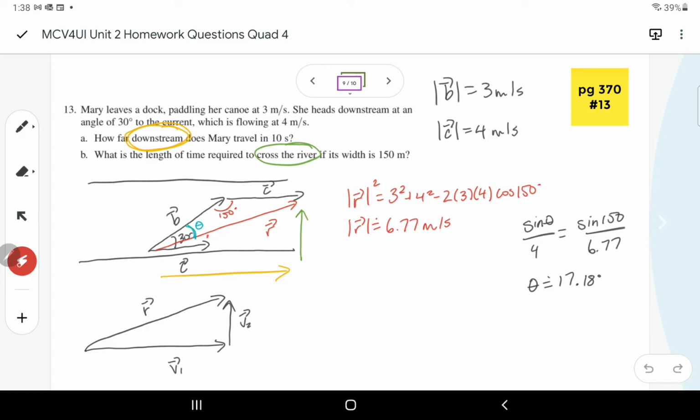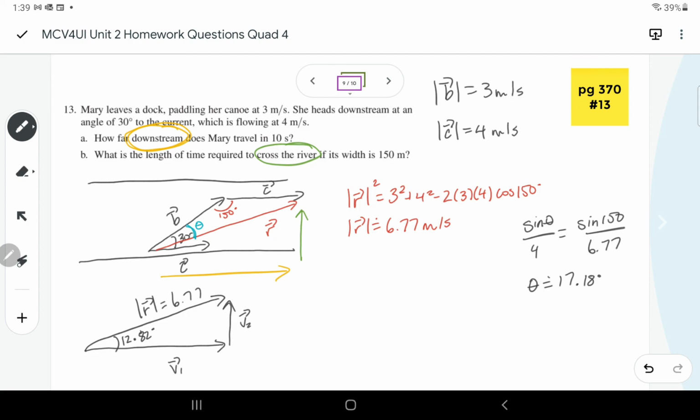So I can subtract from 30 and get this angle between the resultant and the bank. Let me know if that doesn't make sense to you, but I hope that it does, because that would be 12.82 degrees. And the magnitude of the resultant I figured out was 6.77.